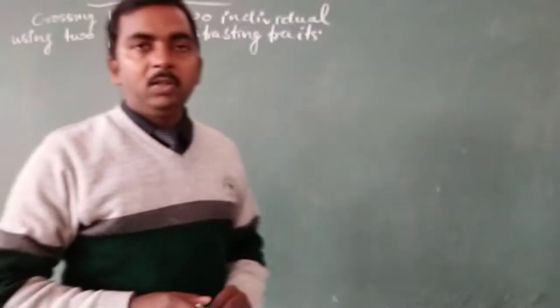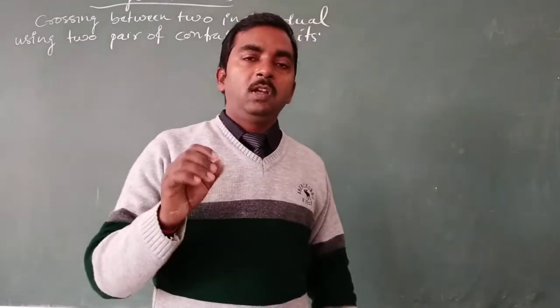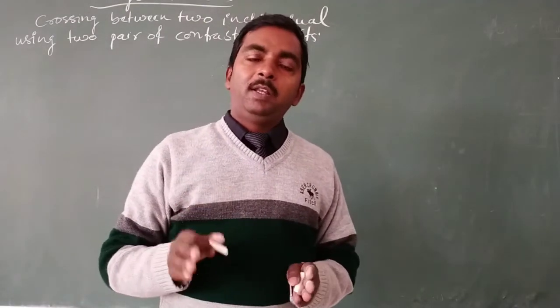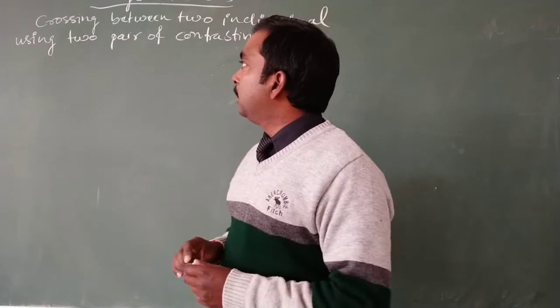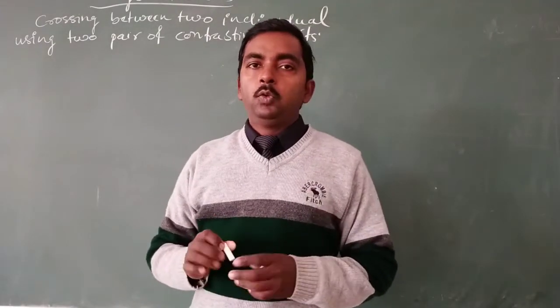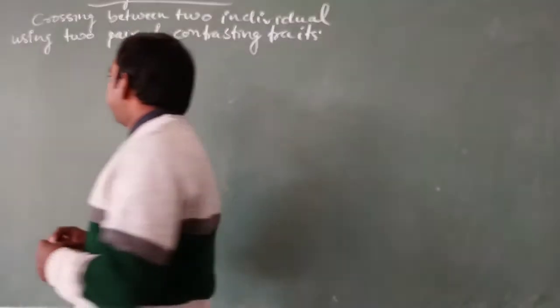In monohybrid cross we use a single pair of contrasting traits, while in dihybrid cross Mendel used two pairs of contrasting traits.